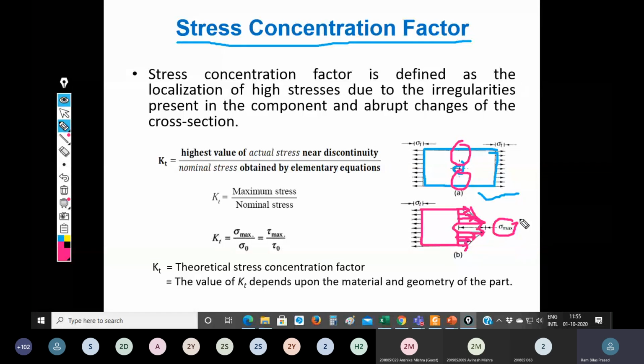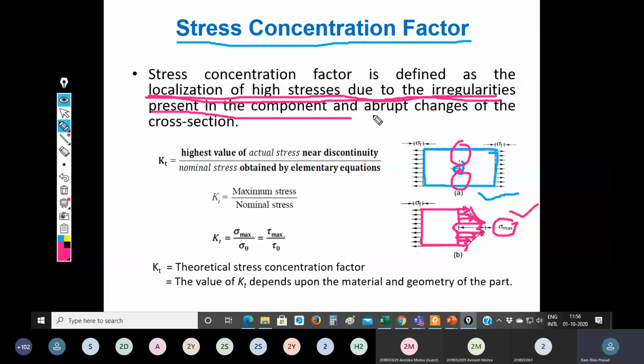In order to determine sigma max, we define the stress concentration factor. Stress concentration factor is defined as localization of high stresses due to irregularities present in the component or abrupt changes in the cross-sectional area, right?